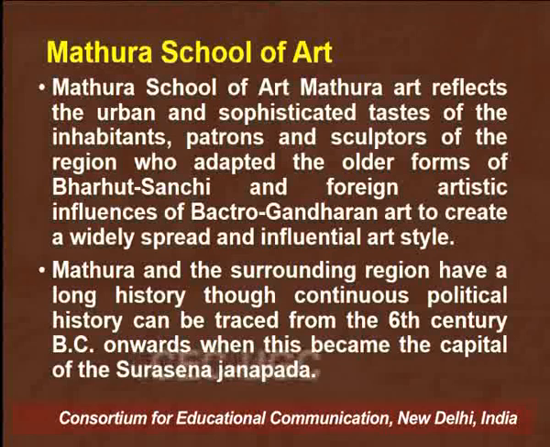So Mathura and the surrounding regions have had a long history, though continuous political history can be traced from the 6th century BCE onwards, when it became the capital of Surasena Janapada.